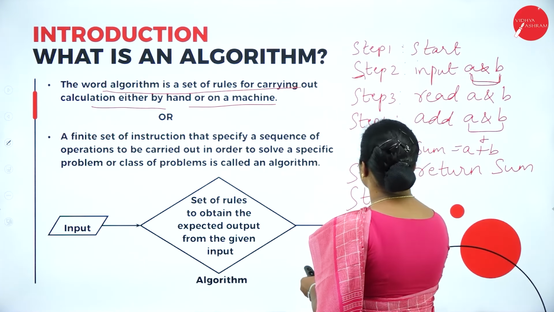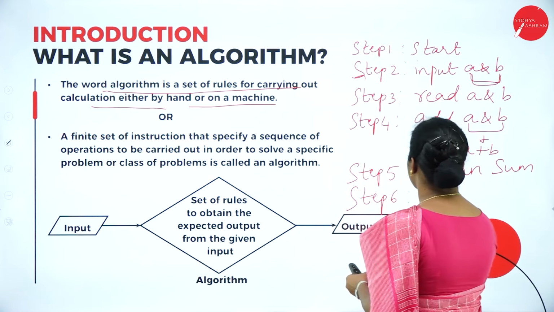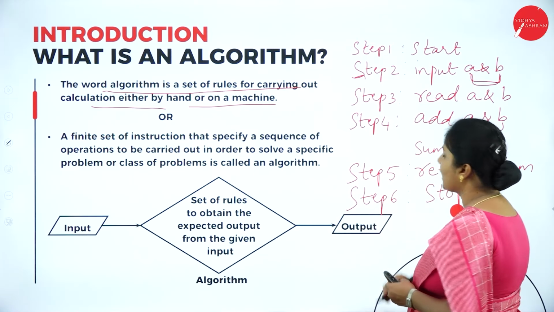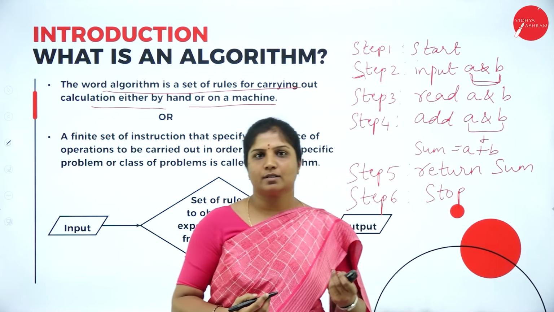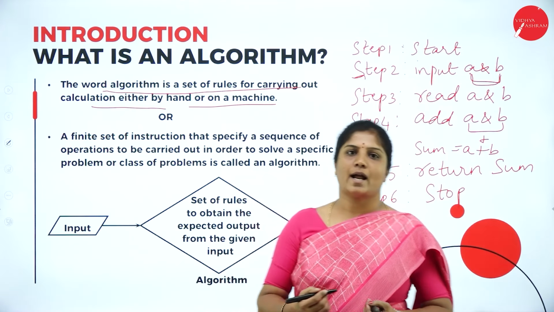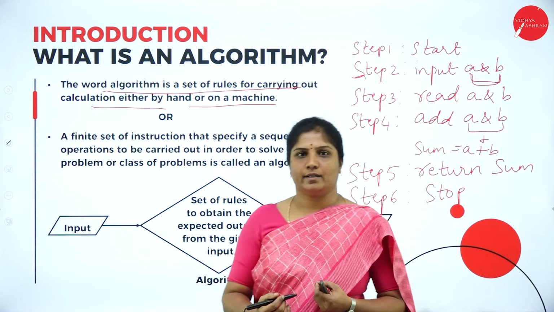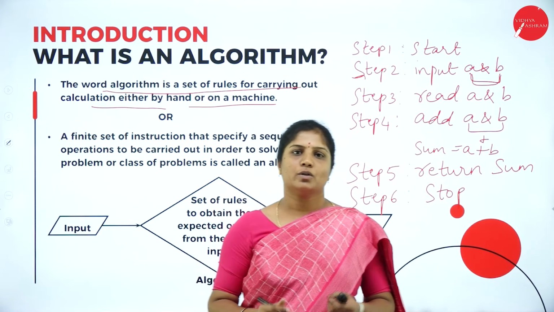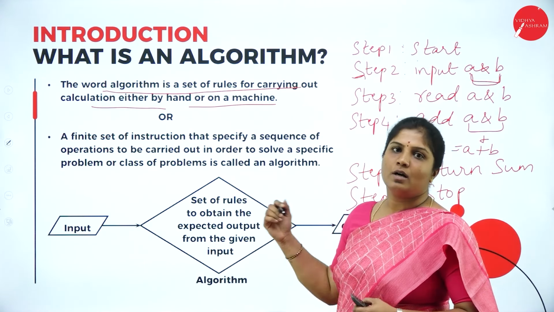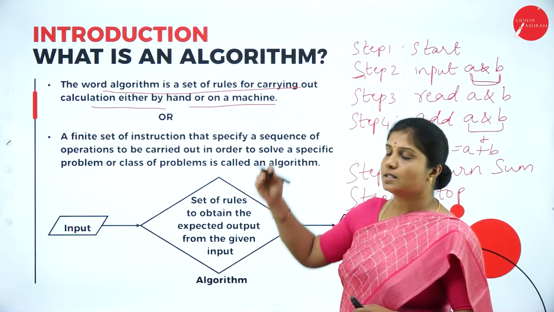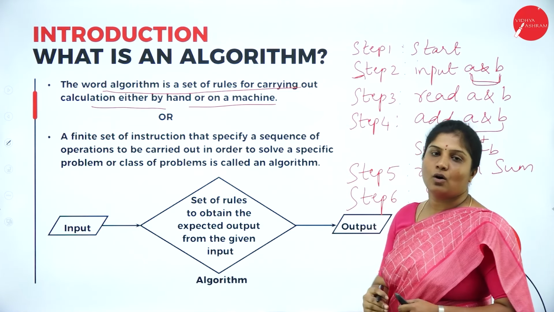Step 6, stop. I completed my addition, isn't it? I calculated it by adding two numbers. So my algorithm is completed, and in step 6, I wrote stop. This is how we write an algorithm.